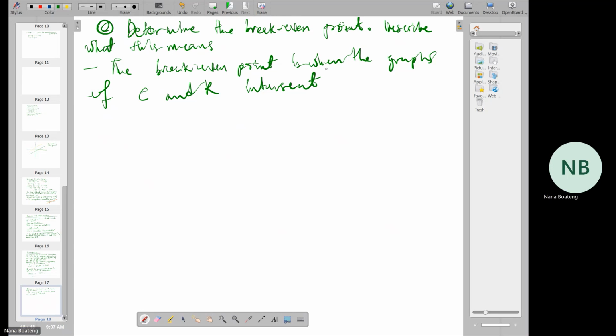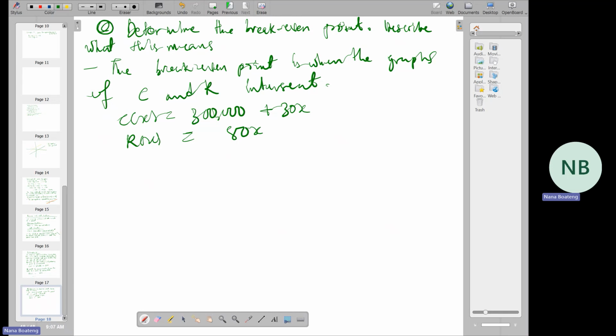So we can find it as follows: our cost function C(x) is equal to 300,000 plus 30x, and our R(x) is equal to 80x.